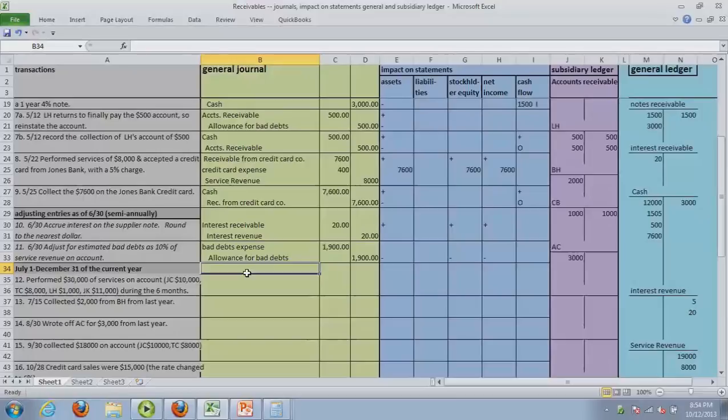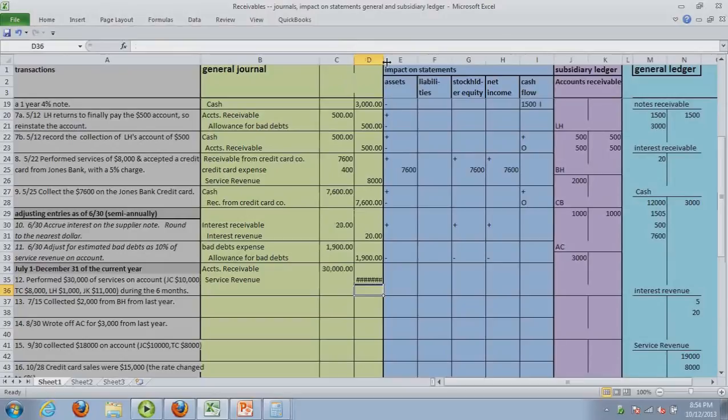Perform services on account. So it was no surprise: accounts receivable and service revenue. I'm glad it recognized those accounts. And again, summarized, we can pick up the 30,000. And 30,000. I guess there's not enough space there, interestingly enough.